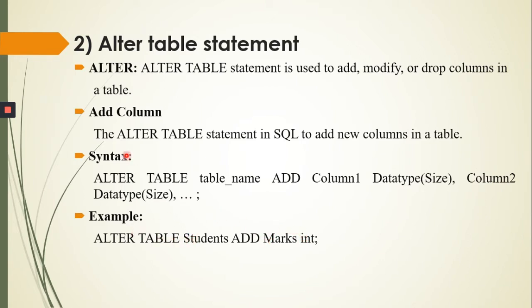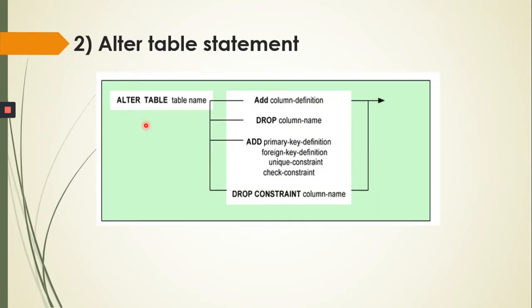So this is the concept of add column. With alter table we can add a column, drop a column, add a primary key, add a foreign key, add a unique constraint, add a check constraint, and drop a constraint from the table.